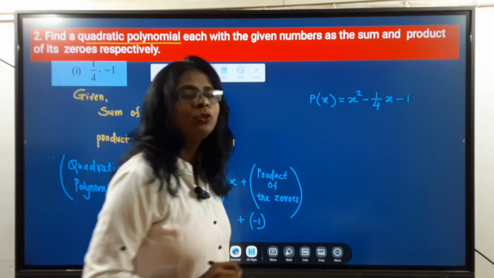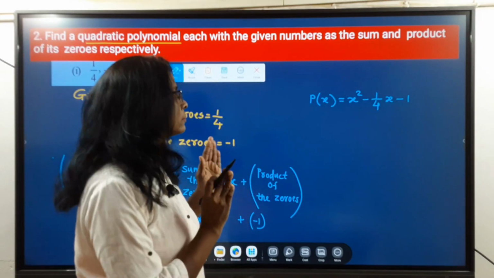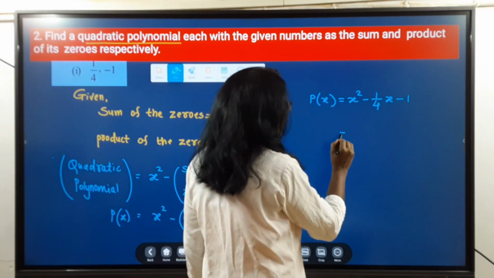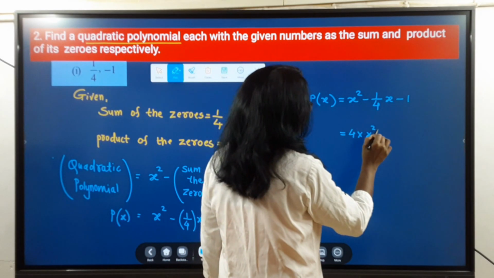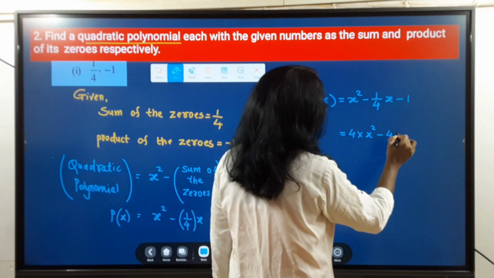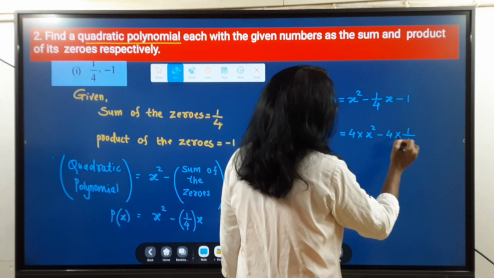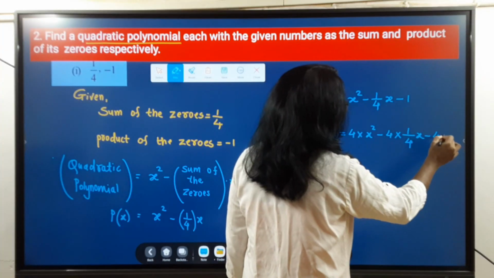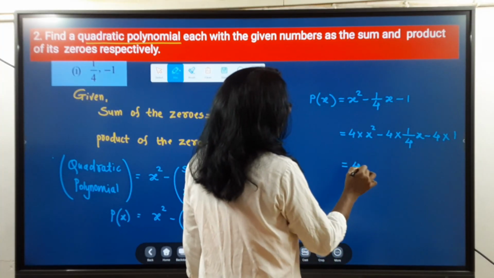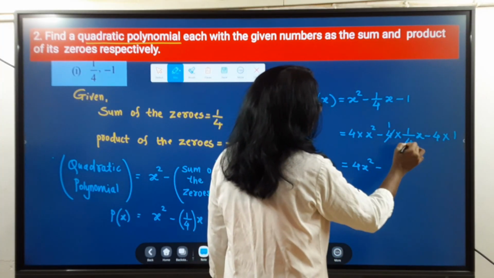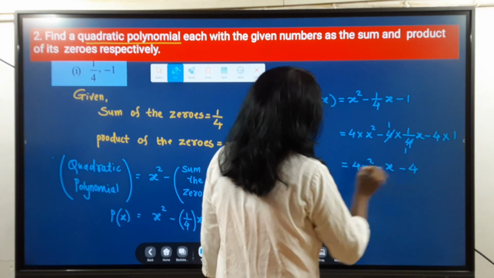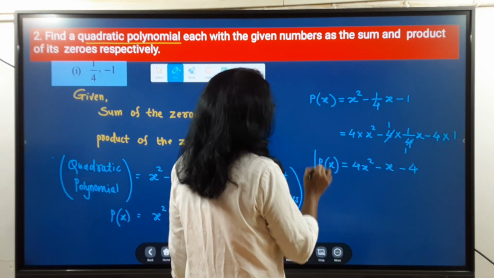If you want to simplify this polynomial, then multiplying both sides by 4: 4x square minus 4 multiply 1 upon 4x minus 4 multiply 1. That means students, 4x square minus x minus 4.